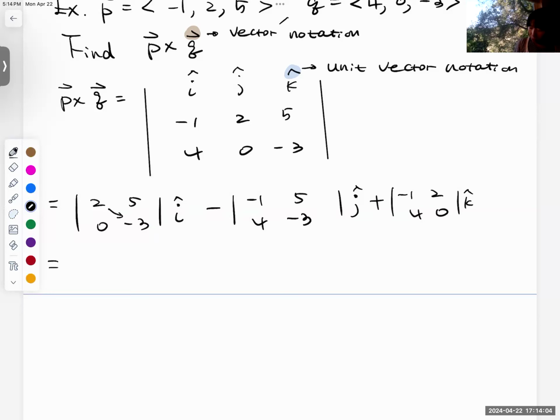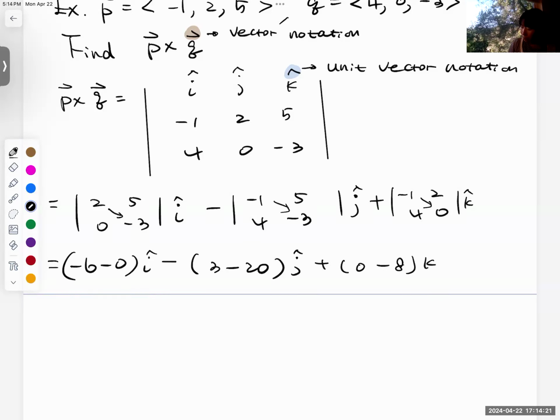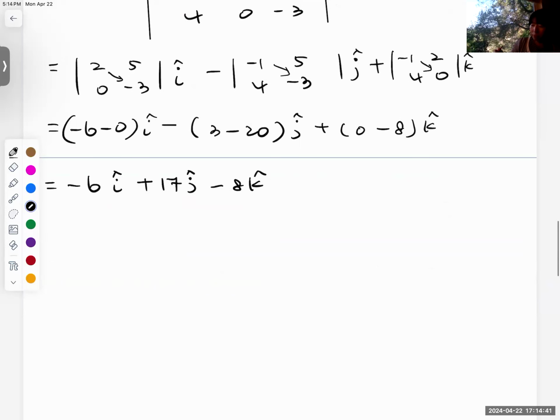So please calculate this one, right? So negative 6 and positive and 0, 8, right? Okay. So negative 6. What is the second one? Negative and negative is positive. Negative 8k. Can you confirm?